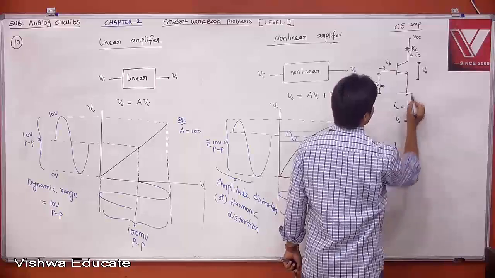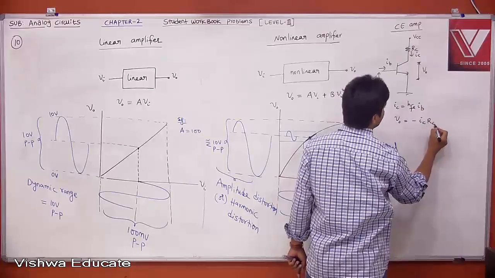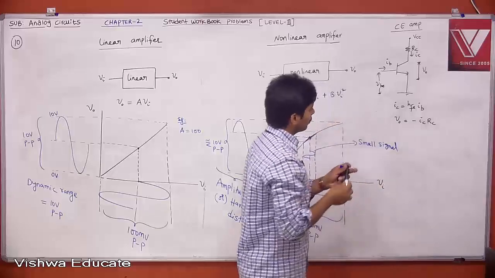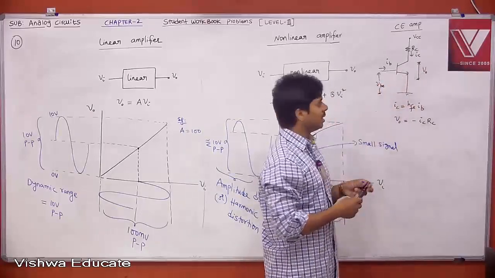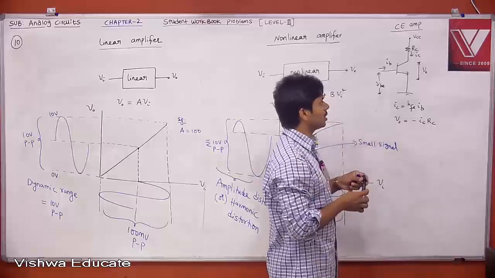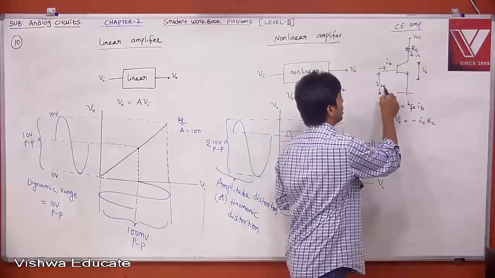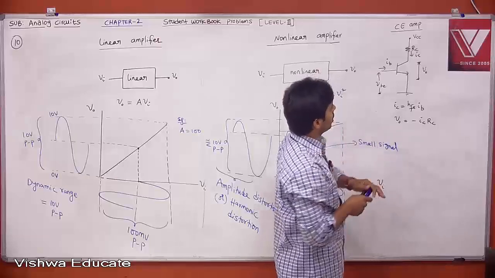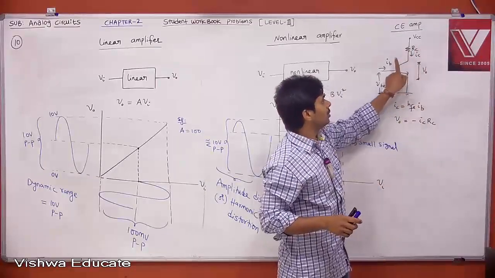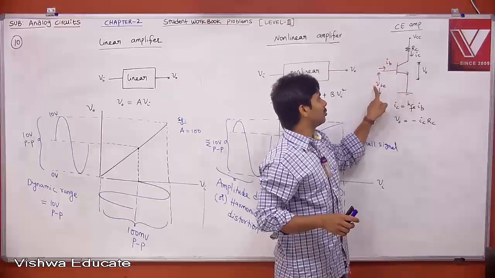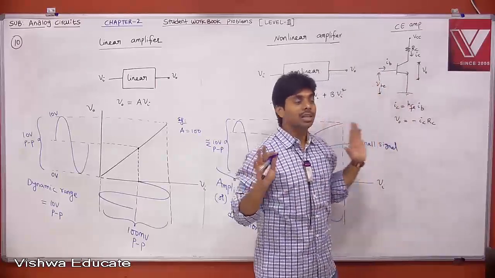Your V0, in AC analysis, since this is connected to ground, is minus IC into RC. Therefore now tell me, I want ultimately the relationship between V0 and VBE. What is your VBE? This is nothing but your input voltage, so let me call this VI or VBE, anything is fine. Therefore, output voltage to output current to input current to input voltage. Therefore output voltage to input voltage, I want that to be linear.